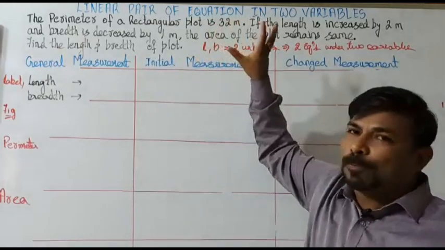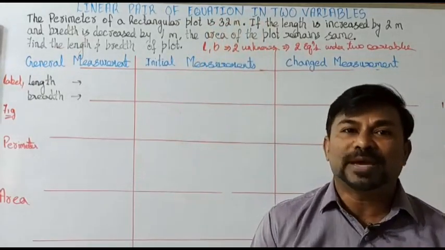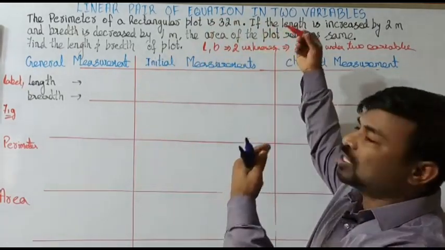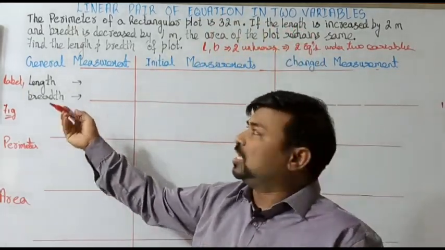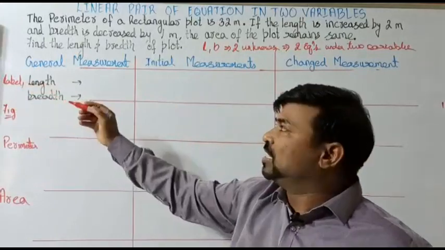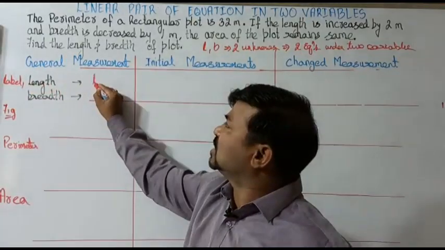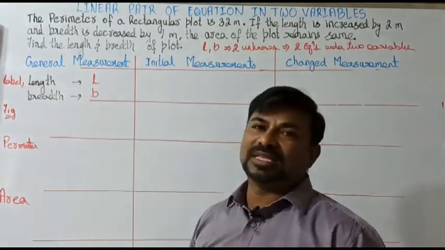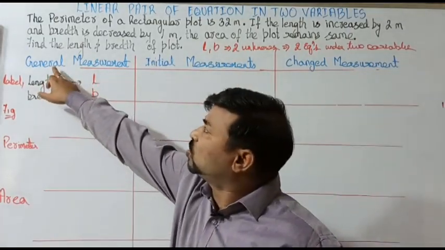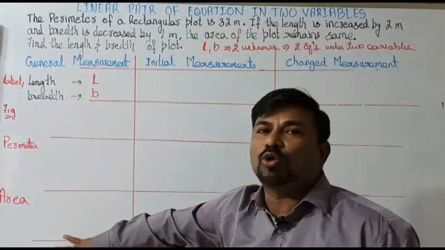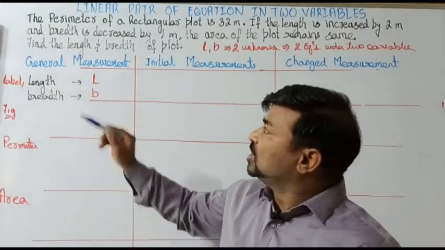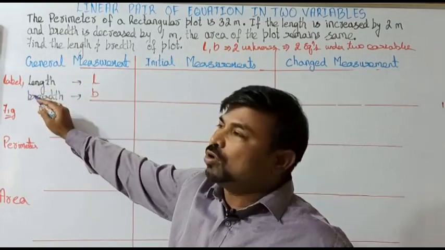Now, as we have planned that this is a geometrical based sum, let's take the measurements. As we don't know the length and breadth, generally the labelings are: length we consider as L, and the breadth we consider as B. That's the general measurement, the general labeling.